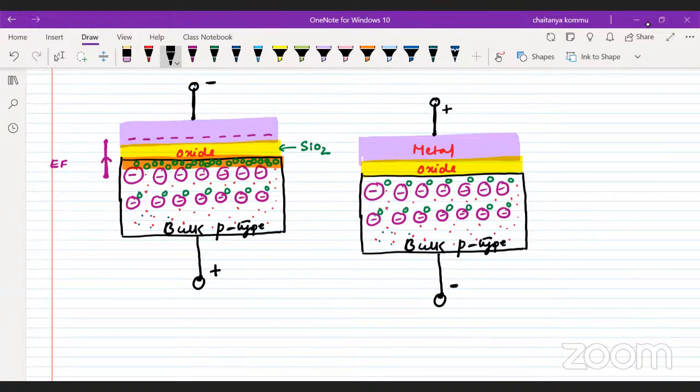If the top one is positive, the bottom one is negative. Then what will happen? We are applying the positive potential on top of it, right? Because of that, the holes will move downwards. They are repelled by the positive charge.